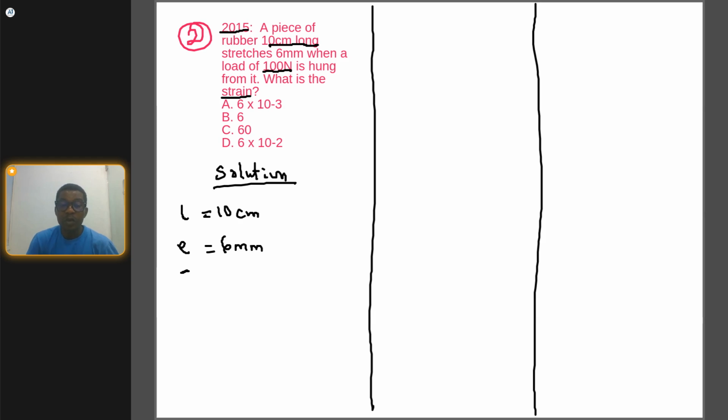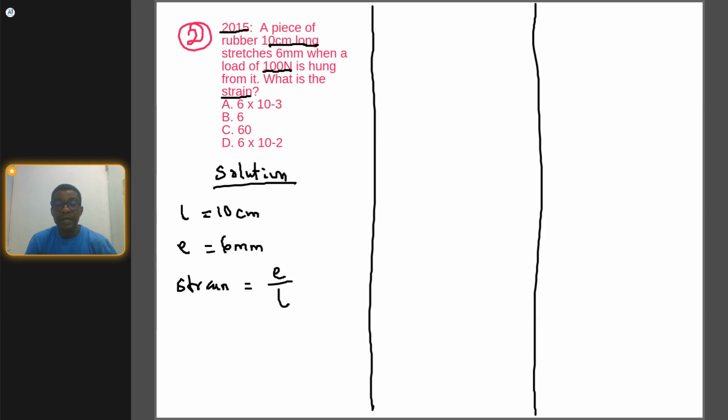We don't actually need the force. What we need is the length and the extension, because we have to calculate strain. Strain is equal to extension over original length.